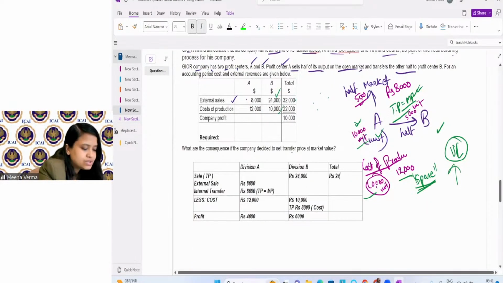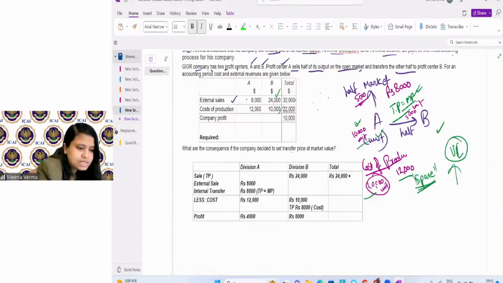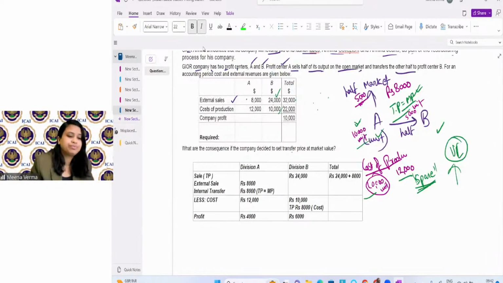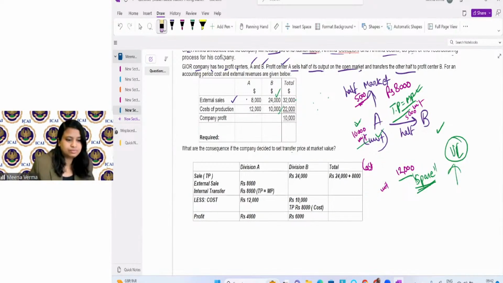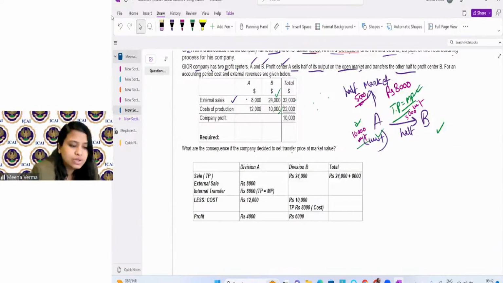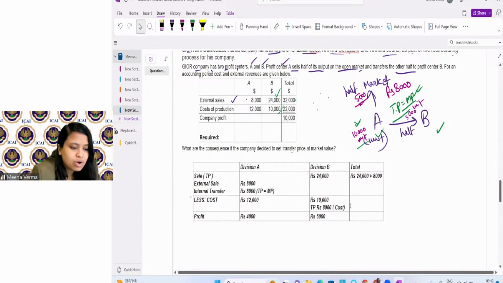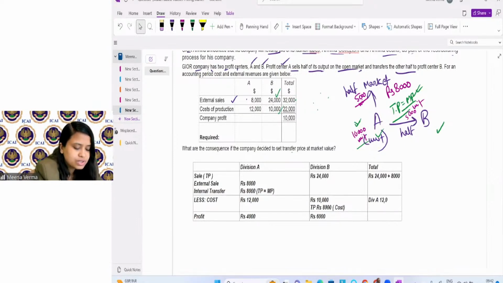Externally, we are selling these 24,000 units, plus externally we are selling 8,000 units. These are the two external sales the company has overall. What are the total costs the company is incurring? You can see in division A, the company's total cost is 12,000.